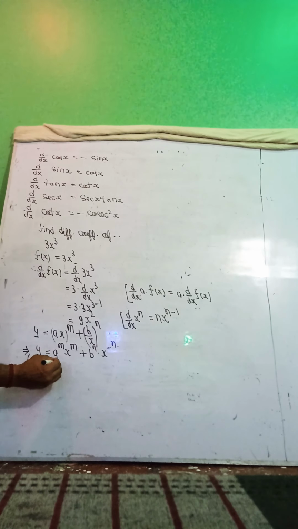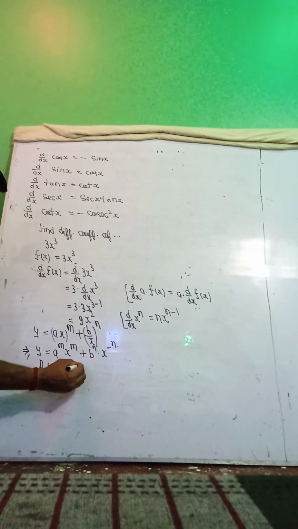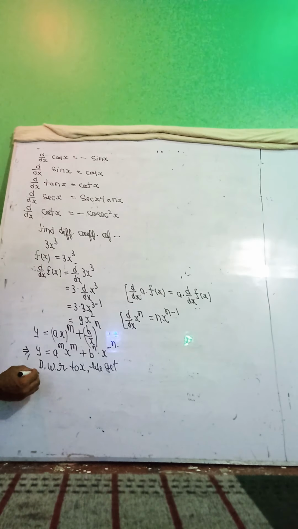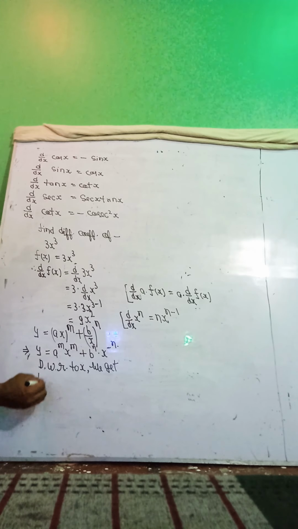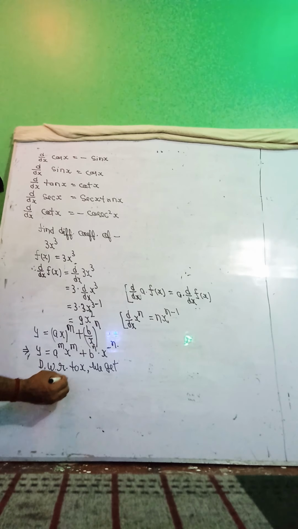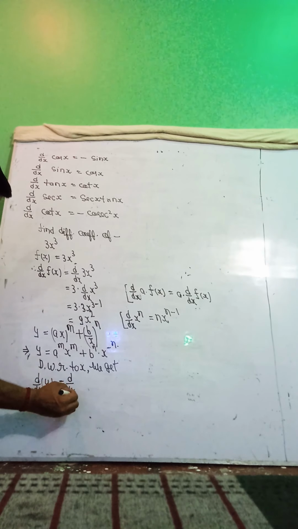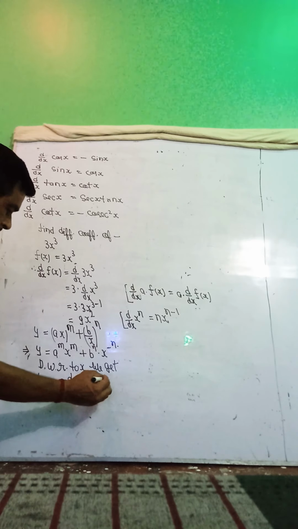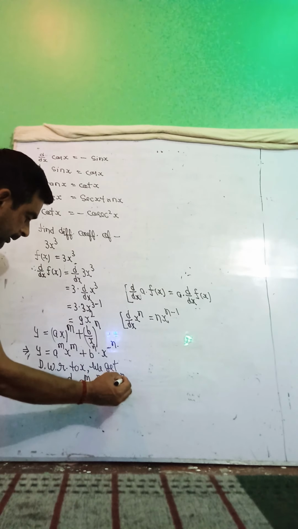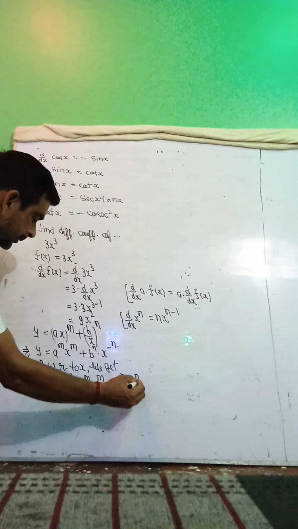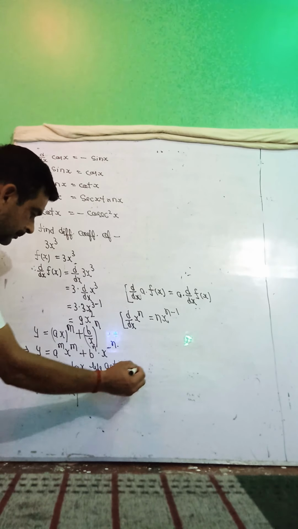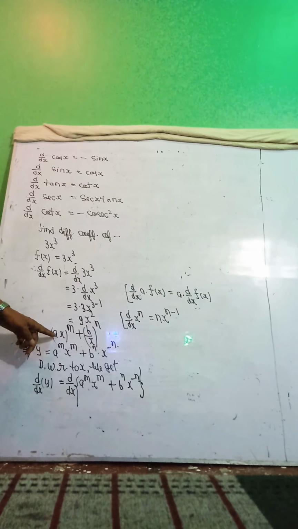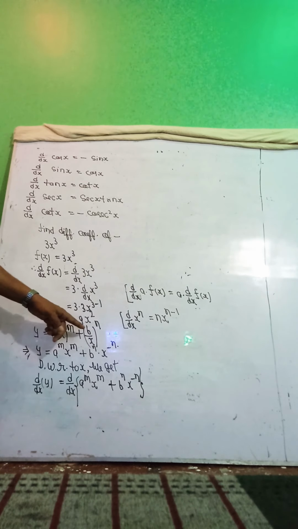differentiate with respect to x, we get d/dx of y is equal to d/dx of a power m x power m plus b power n x power minus n, because here given function is addition of two functions.